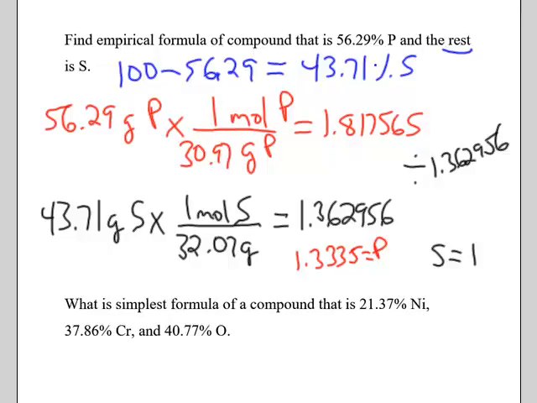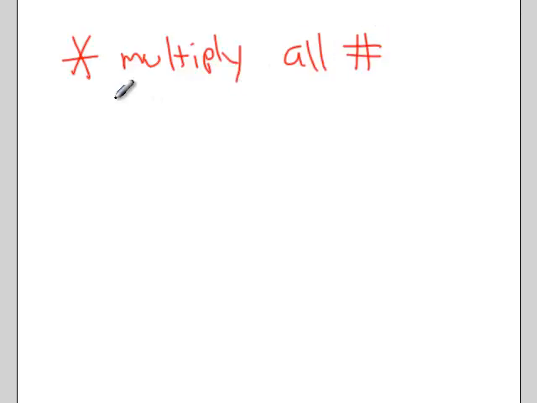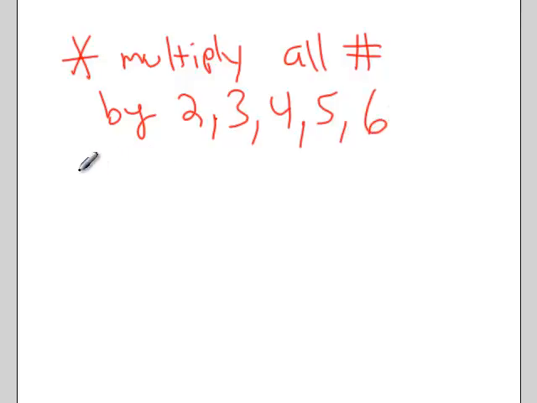So when you get to a point like this, where you have a decimal, you may have to multiply all of your numbers by either 2 or 3, 4 or 5 or 6 to make them all whole numbers.